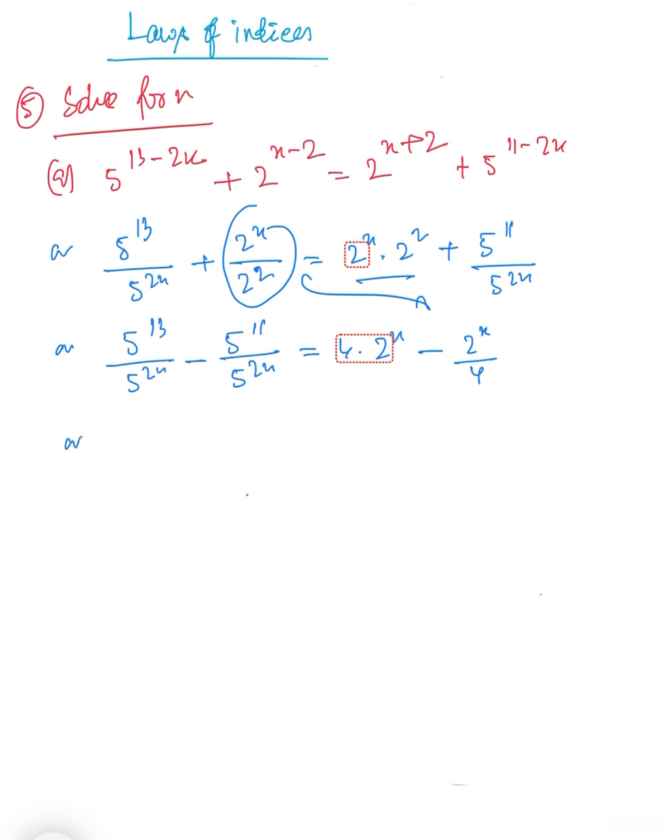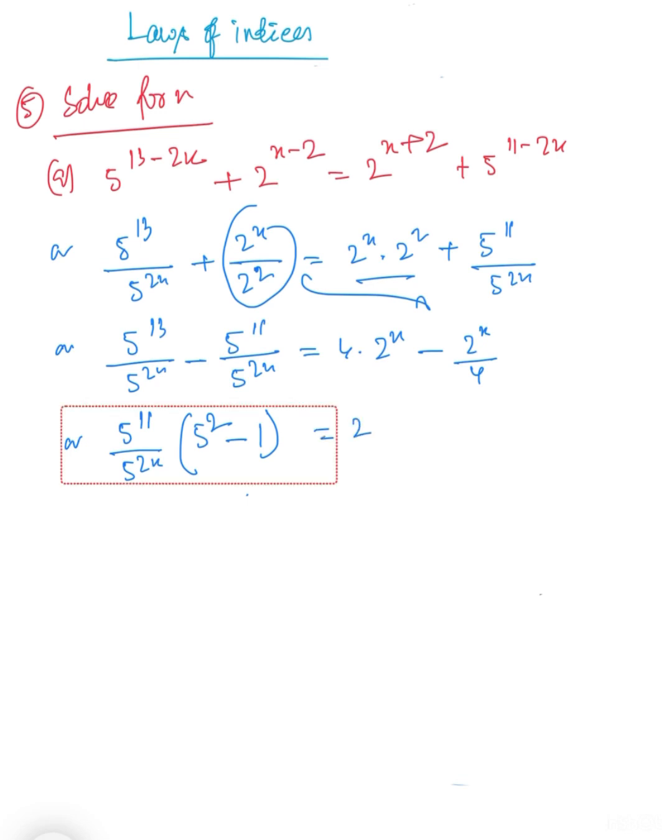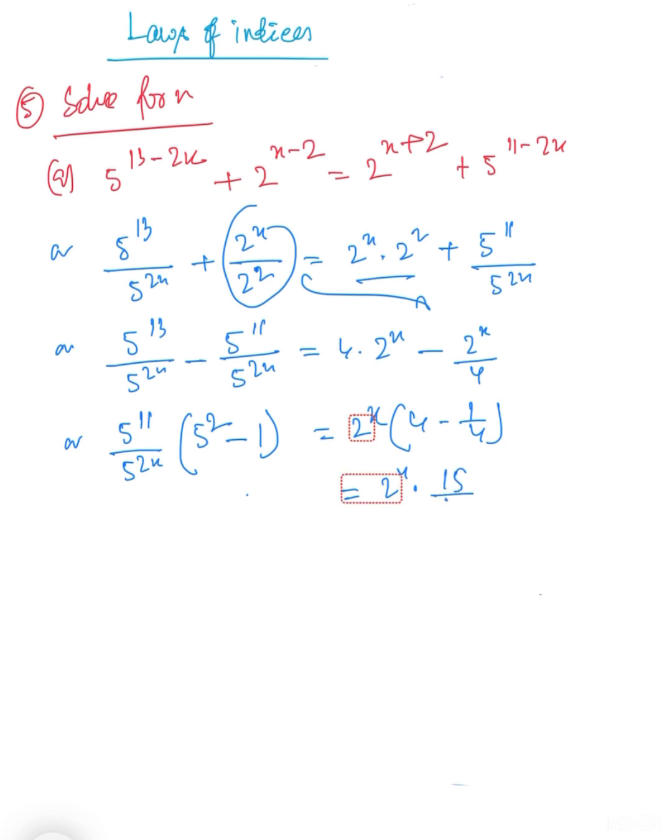So taking 5 to the power 11 by 5 to the power 2x common, in the first part it is 5 square, in the second part minus 1, equal to again 2 to the power x common on the right side, 4 minus 1 by 4. Okay. So it is 2 to the power x into 16 minus 1, that is 15 by 4.